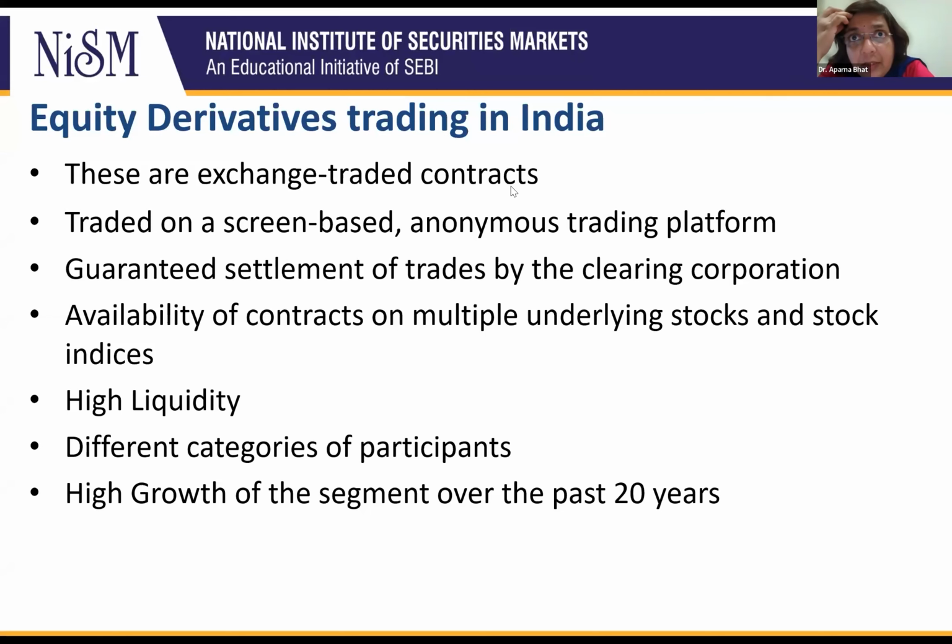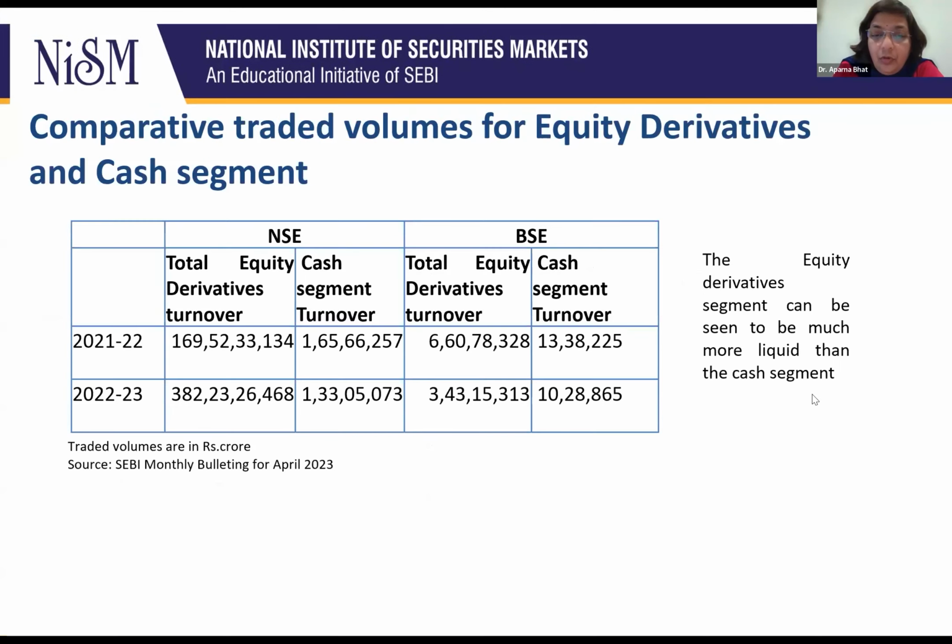Before allowing the trading of futures and options on a particular stock, there are many stringent conditions which the stock should satisfy, and only stocks which satisfy all those eligibility criteria are allowed for trading of futures and options on the exchange. And there is high liquidity, which we will look at. Different categories of participants are there, and this segment has grown tremendously over the past 20 odd years, since trading started in 2000.